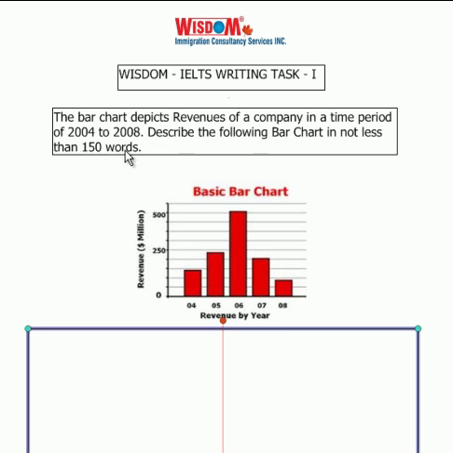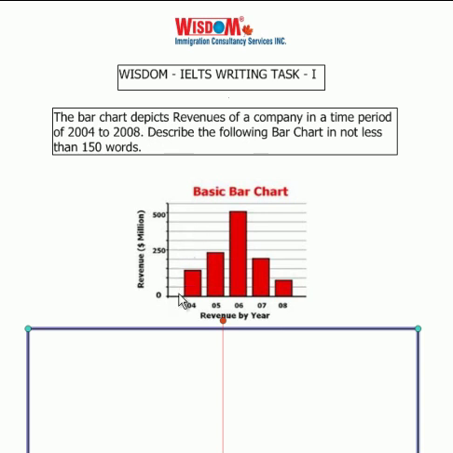So not less than 150 words means that you have to write a minimum of 150 words. However, the maximum word limit is not specified. That means you can keep on writing as long as you want. But remember, you have only 20 minutes because you have to devote the remaining 40 minutes to the writing task 2.